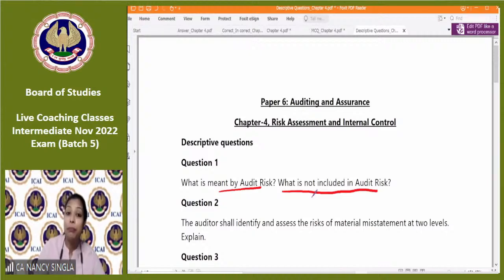It relates to the process of auditing. So any business risk, like litigation or adverse publicity, will not be covered in the definition of audit risk. Remember, this topic is very, very important. This is given on page numbers 4.2 and 4.3.